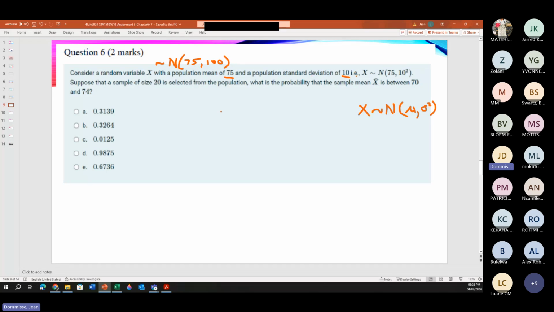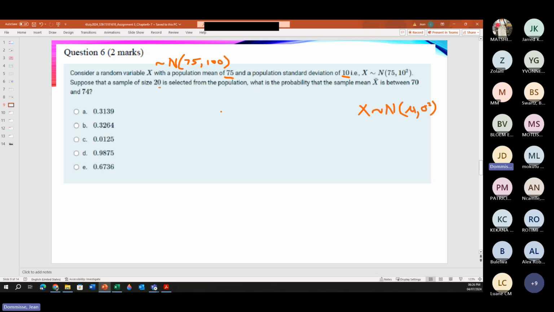So just be very careful, and realize that they can also do it this way, where they say X is normally distributed with a mean and a standard deviation. Okay, so that tells me now that we are going to work with normal distribution.